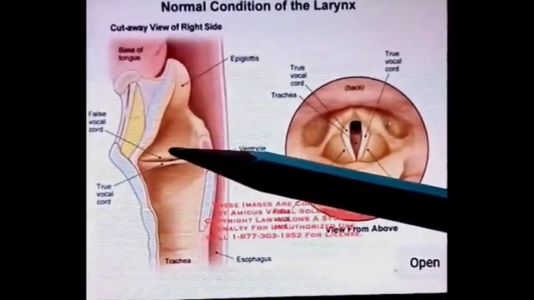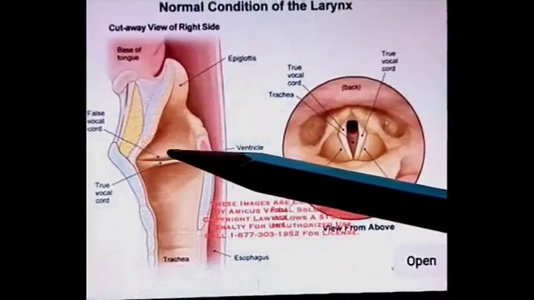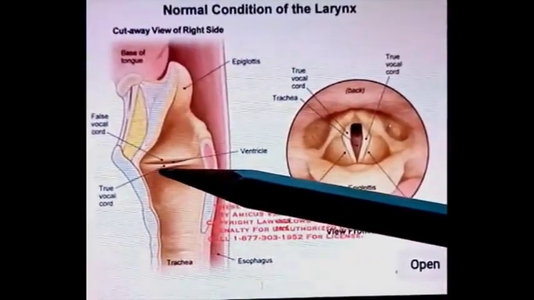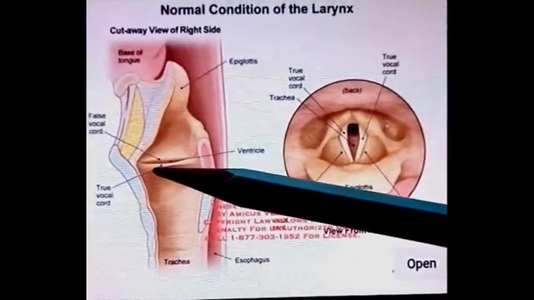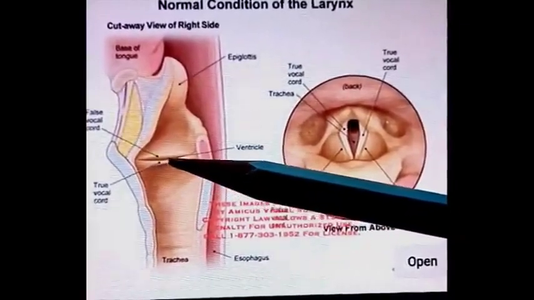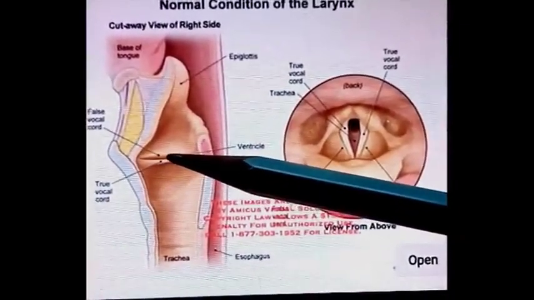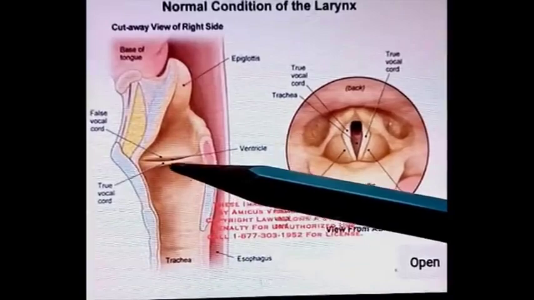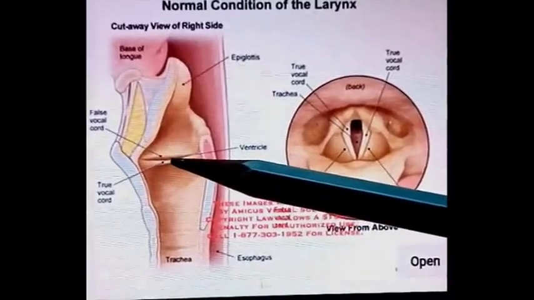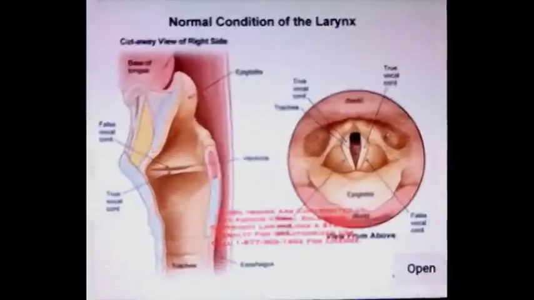The upper fold is known as the vestibular fold, and the lower fold is known as the vocal fold, and the gap present between these two folds is known as the ventricle or sinus of the larynx.